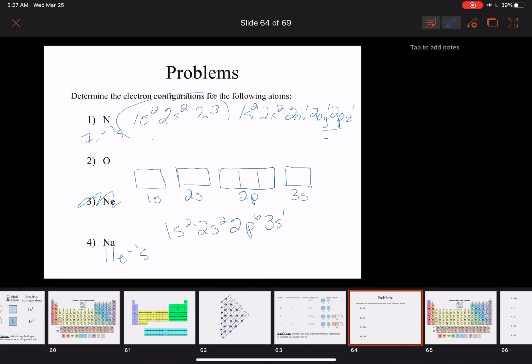And we'd say we've got 2 electrons in the 1s, we've got 2 electrons in the 2s, we've got 6 electrons in the 2p's, and then we put that one lonely electron in the 3s. And we've got 2, 4, 6, 8, 10, 11, and that matches right there.